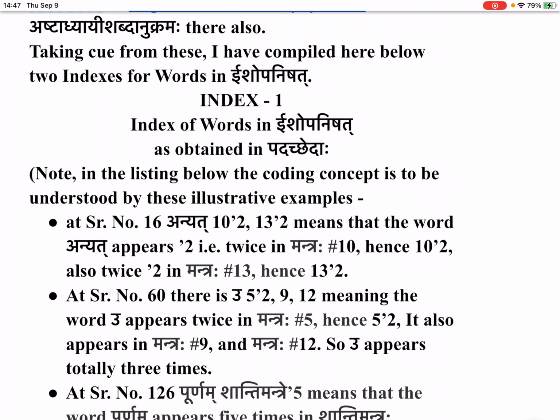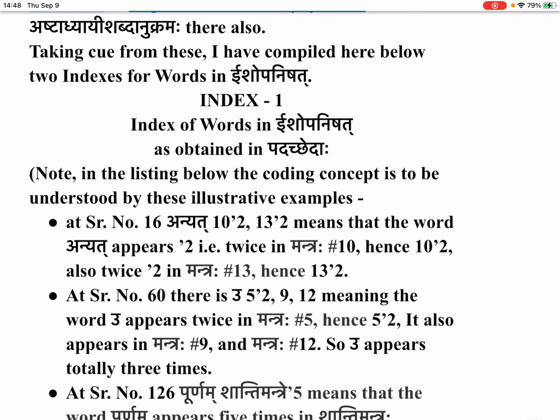Note, in the listing below, the coding concept is to be understood by these illustrative examples. At serial number 16, Anyat, 10'2, 13'2 means that the word Anyat appears twice in mantra number 10, hence 10'2, and also twice in mantra number 13, hence 13'2.